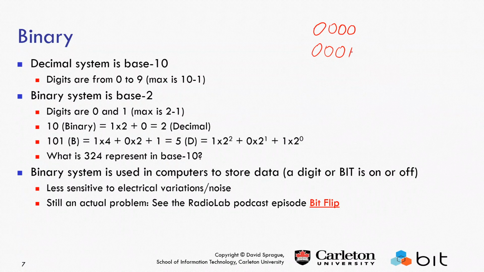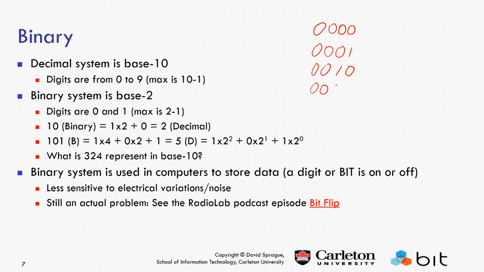I can't represent the number 2 in the ones position, just like I can't represent the number 10 in the ones position. In decimal I go up to 9, and then as soon as I get past 9, I overflow into the next column. So here I'm going to overflow into the next column. It's going to be 0, 1, 0. I've overflowed: 1 plus this 1 here makes us go over to the 2s column. So I have 1 group of 2 and 0 groups of 1.